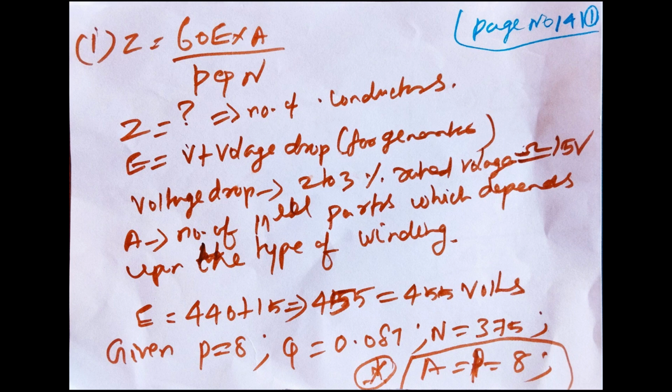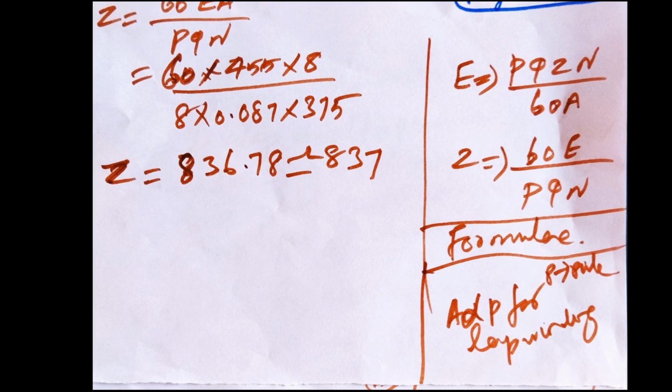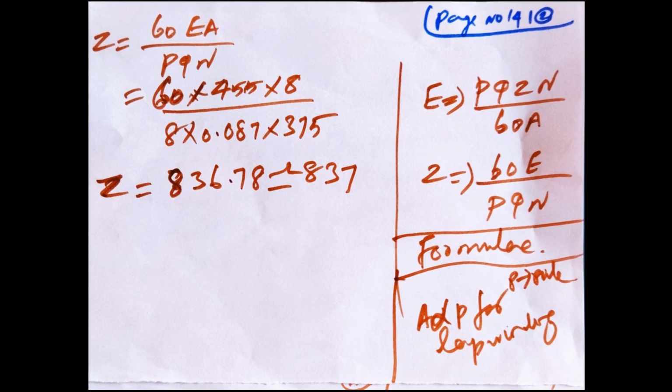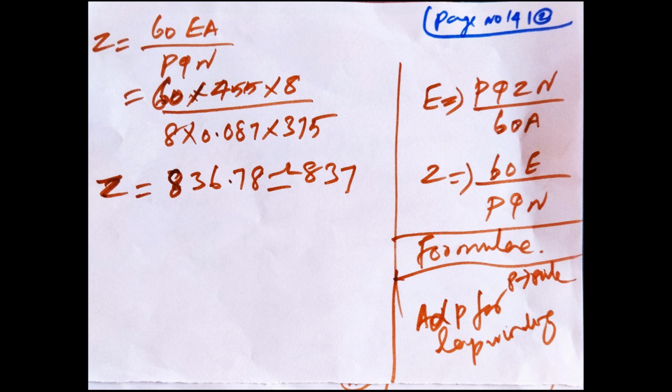A is equal to P for lap winding, P value is 8, so capital A value is 8. From obtained values and given values, capital Z is equal to 60 E A divided by P phi N. Put the values: Z is equal to 60 into 455 into 8 divided by 8 into 0.087 into 375. That is Z is equal to 837.